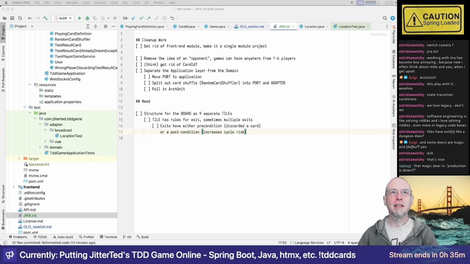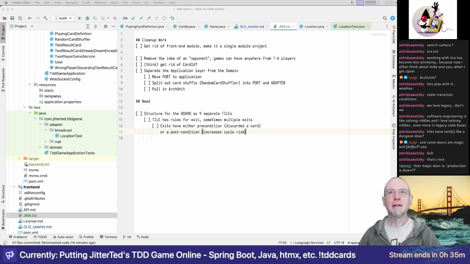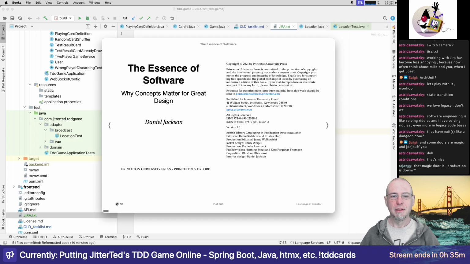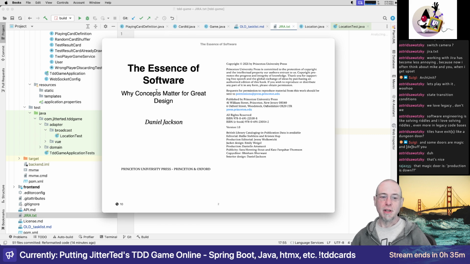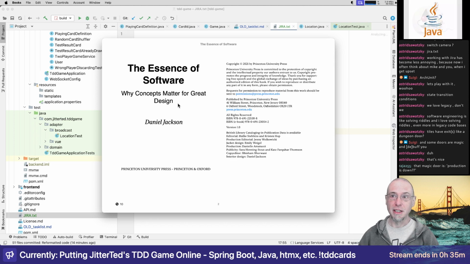So let's go here. Okay. So this is the book by Daniel Jackson, right? The Essence of Software: Why Concepts Matter for Great Design. I think it's a really good book. There's a bit of depth to this book.